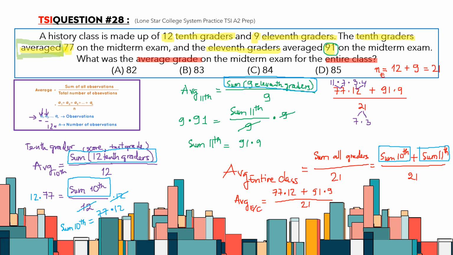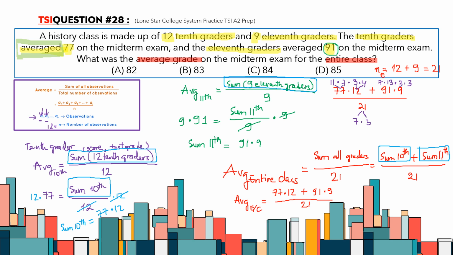Then we have 91. We can check that it can be divided by 7, so 91 divided by 7 is 13. Then we multiply by 9, and 9 is 3 times 3. Since we have the 3 and the 7, which is the 21 factor, on the top and 21 at the bottom, let's highlight it so you can see it.